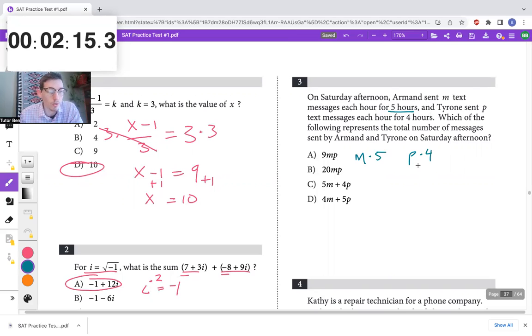So that'll give us the total of Armand's or Tyrone's texts. And then we just have to add those together to get the total number of text messages. It's common to write the constant, or the coefficient, first in front of the variable. So this is the answer I'm looking for, and I see it here as answer C.